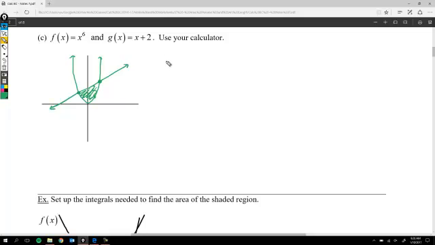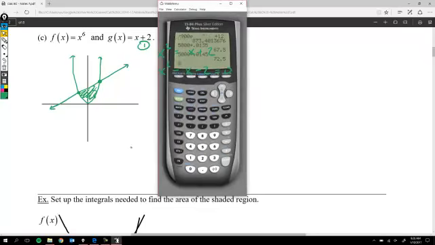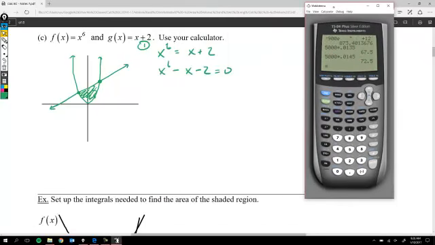First, I need to find my intersection points. So I'm going to set x to the 6th equal to x plus 2. That's my first step. So I get x to the 6th minus x minus 2 equals 0. And then right here, I probably need to use my calculator. I'm going to go to my y equals, x to the 6th minus x minus 2.